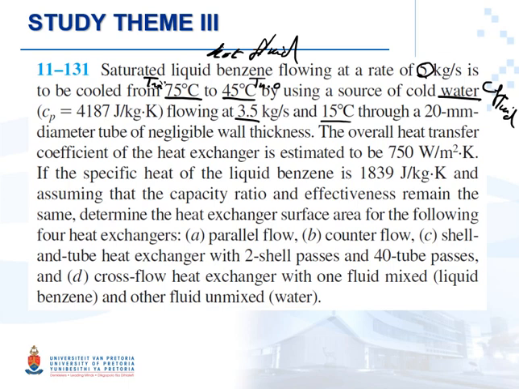Can I calculate Tc out based on the other three values that I have? Yes. Why? Because I can apply the energy balance, and if I have three temperatures as well as the m dots, I should be able to find the fourth one, so it shouldn't be a problem.